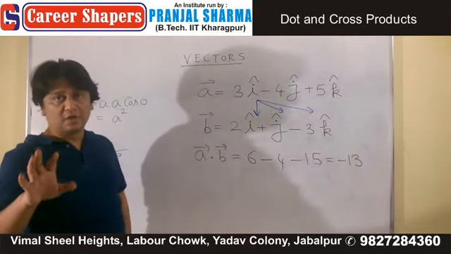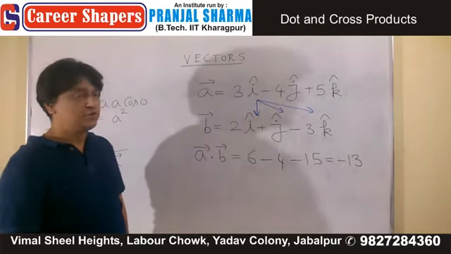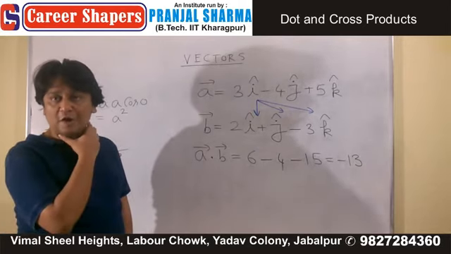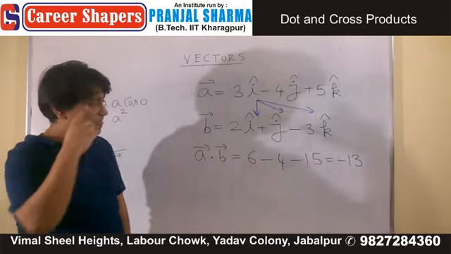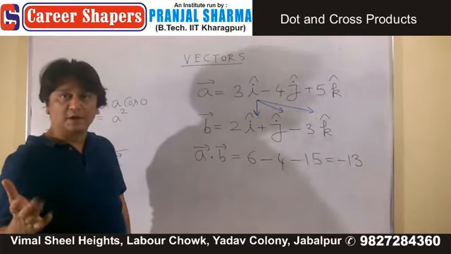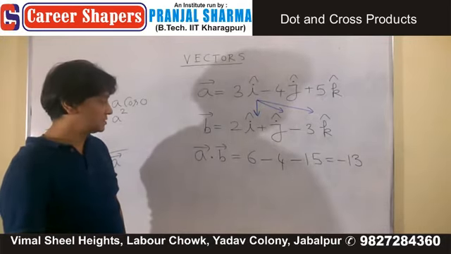Remember, these are very elementary things. If you find them difficult, just don't worry. Maybe you find these things difficult because you have not done vectors in detail when you were in 11th. And therefore I told you that send me a request and I will give you all the detailed lectures for vectors.